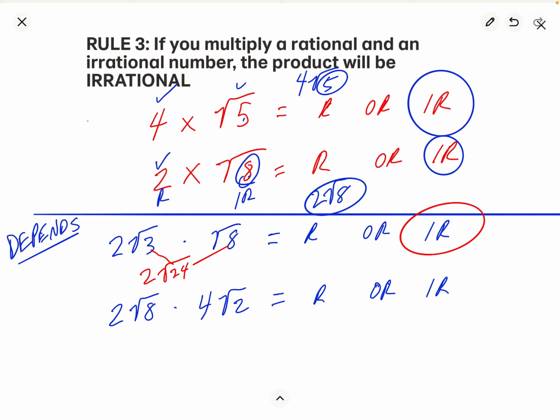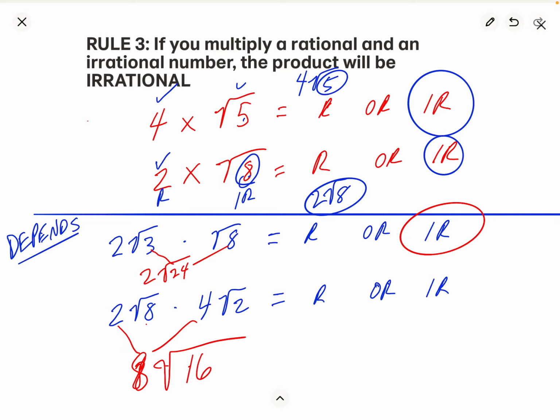This second one says 2 times the square root of 8 times 4 times the square root of 2. Is that going to be rational or irrational? Well, 2 times 4 is going to be 8. And then inside the square roots, it's going to be 8 times 2. 8 times 2 is 16. Now, the question that you guys should be asking is, is 16 a perfect square?